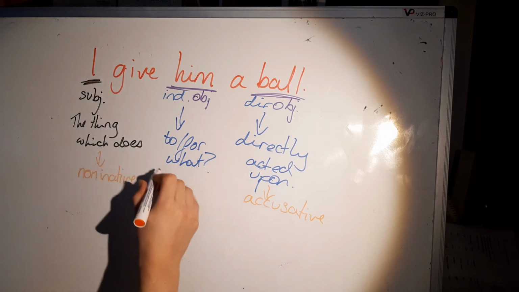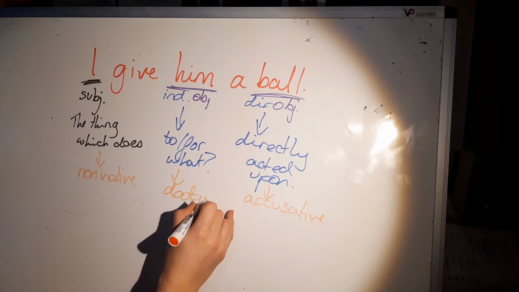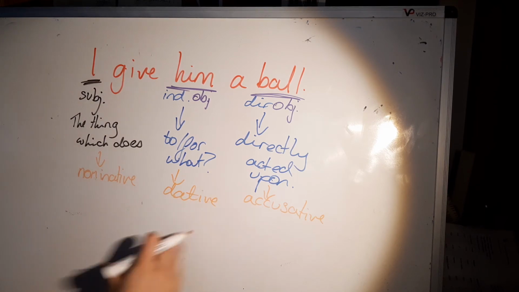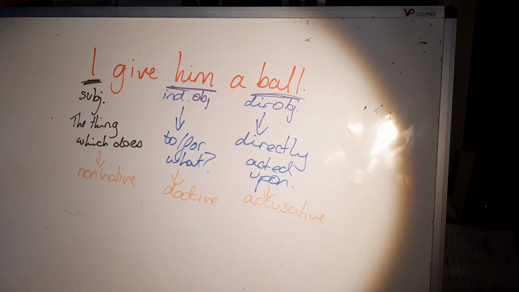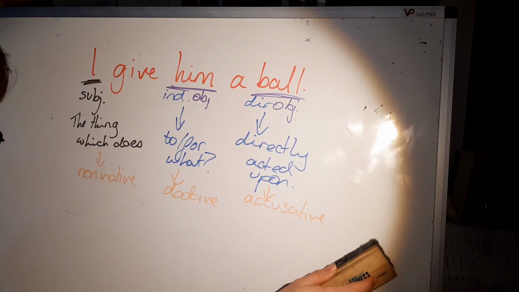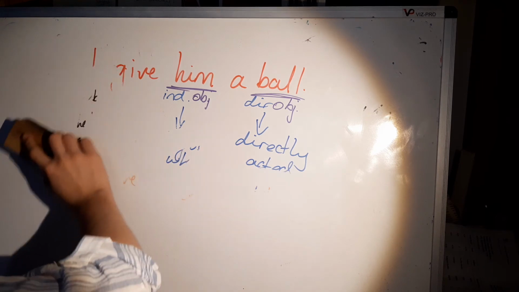And the indirect object takes the dative. And this is also a good note. The dative also comes after many, many prepositions. So nominative, accusative, dative. There's a fourth one as well, which we'll come on to, but we won't come on to it yet. So nominative, accusative, dative. Okay. Again, if you need to recap that, just go back.